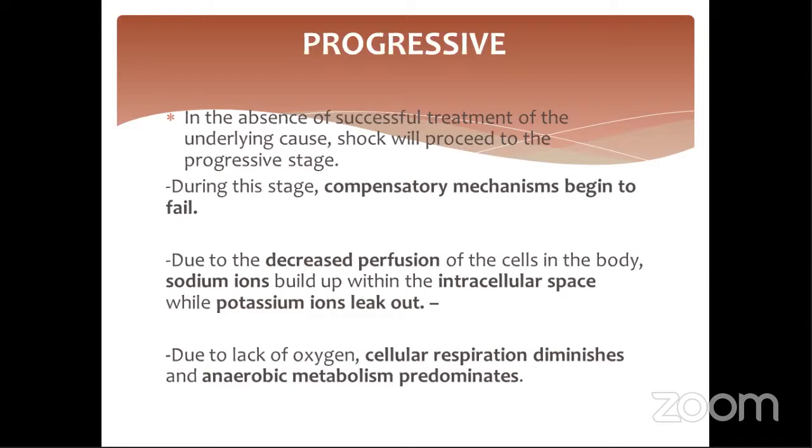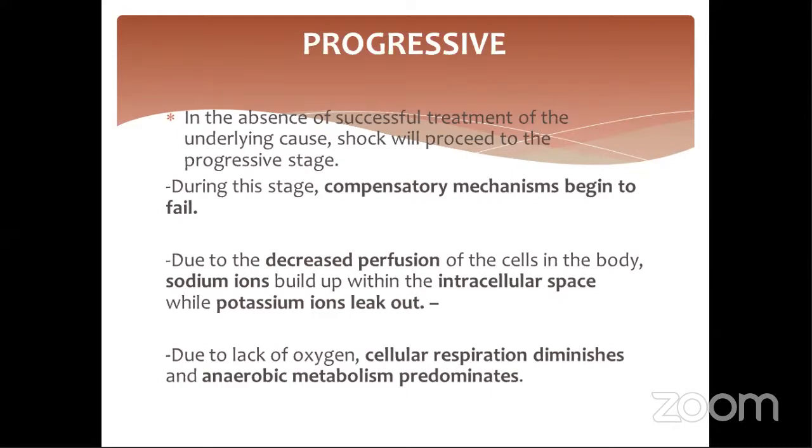Next is progressive. As I said earlier, there is no sudden transition from one stage to another. So in the absence of successful treatment of the previous stage and its cause, the shock will proceed to the progressive stage.